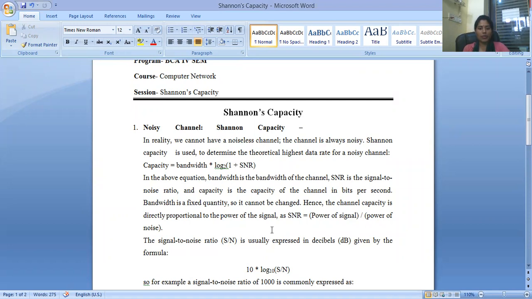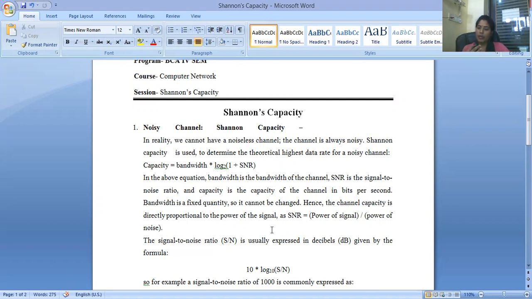Shannon capacity is also known as the noisy channel, isn't it? Just before, I discussed transmission media. Transmission media is what? This is giving you communication channels through which you can transmit the data from one source to another source. That is basically the carrying of data from one place to another place.